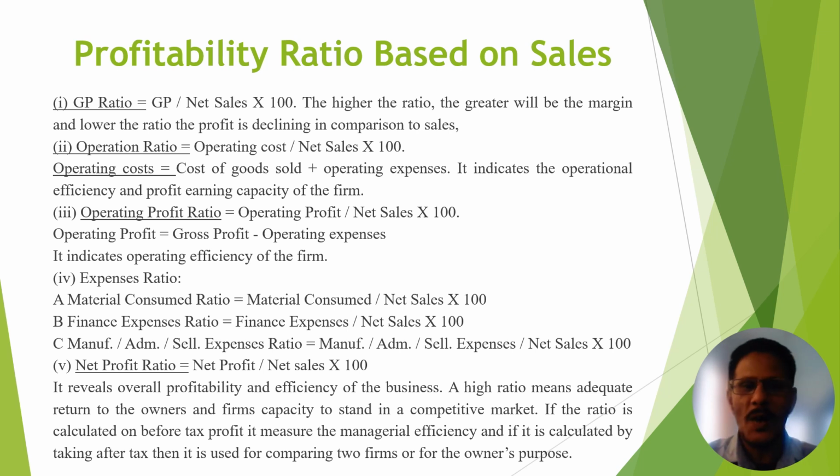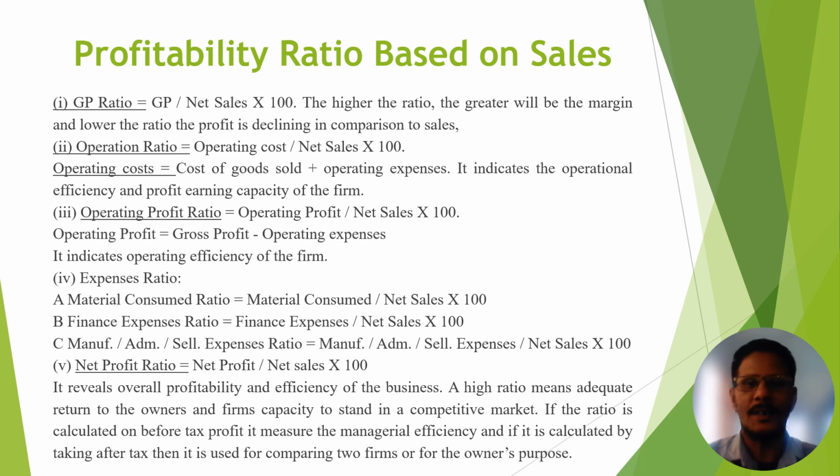You can find the relationship with financial expenses. You can calculate financial expenses ratio like financial expenses divided by net sales multiply 100. We can also calculate manufacturing expenses ratio, administrative expenses ratio, selling and distribution expenses ratio by applying all these particular expenses divided by net sales multiply 100.